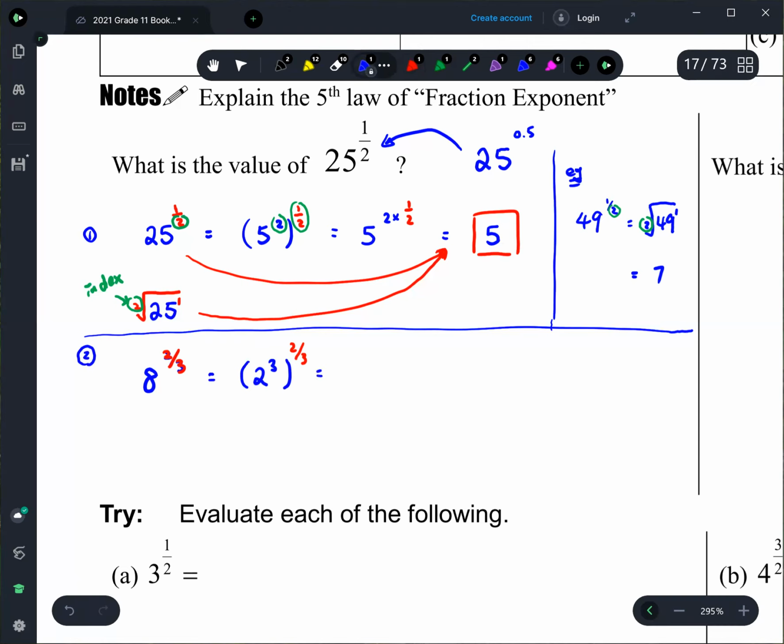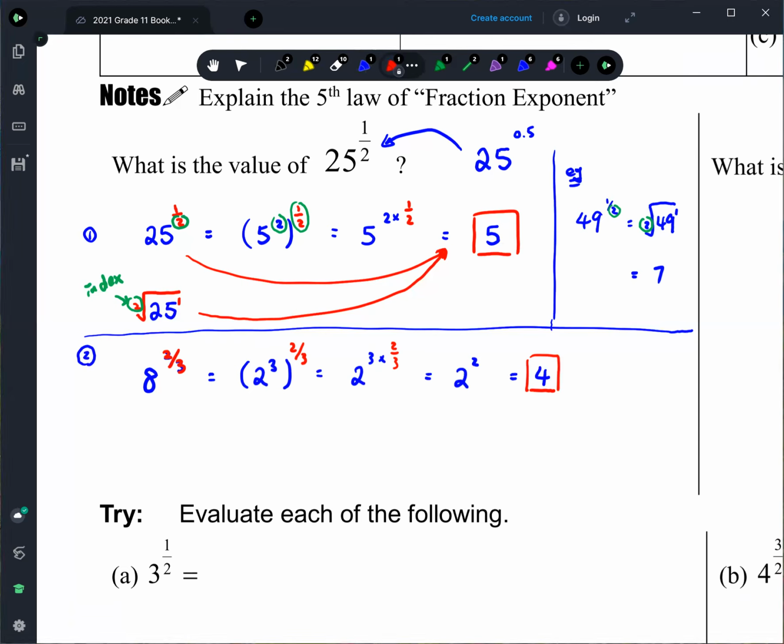So it will give you 2 to the 3 times 2/3. Okay, what is 3 times 2/3? Geoffrey? Yep, 2. Okay, so we can write it as 2 squared. And 2 squared, of course, equals 4. So this gives you the answer here.